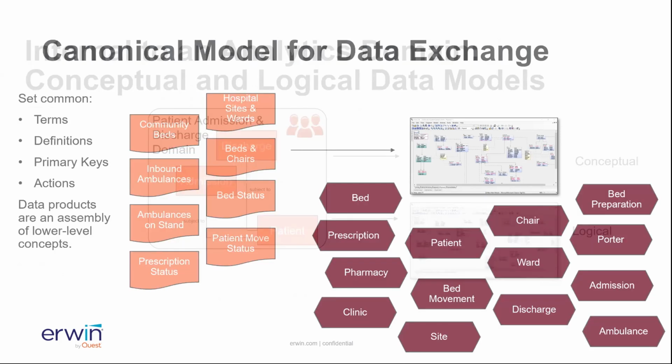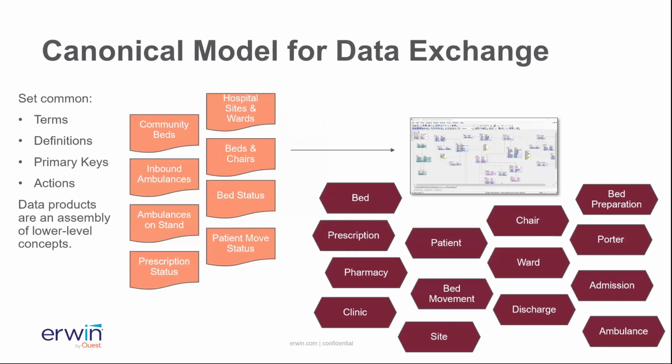And finally, when we share data out in the analytics layer, we're sending these data products backwards and forwards, and we need to make sure we've got common terms and definitions used there, a kind of canonical model across the top, so that these data products all fit together and provide data in the correct way. Now, for example, common use of primary keys needs to be enforced at this level.